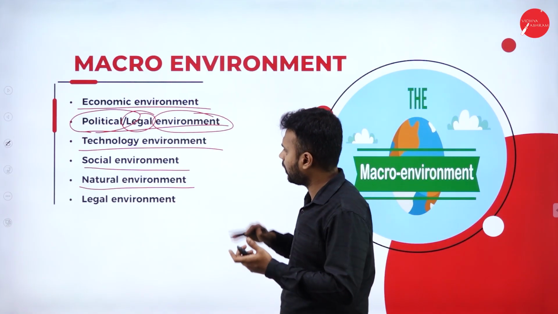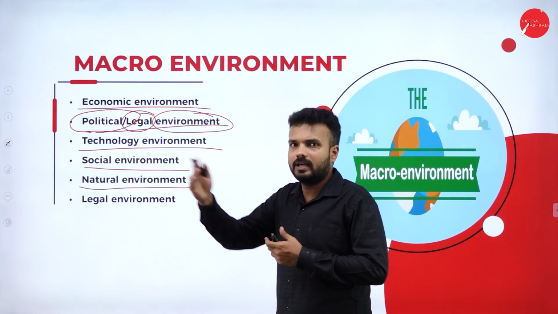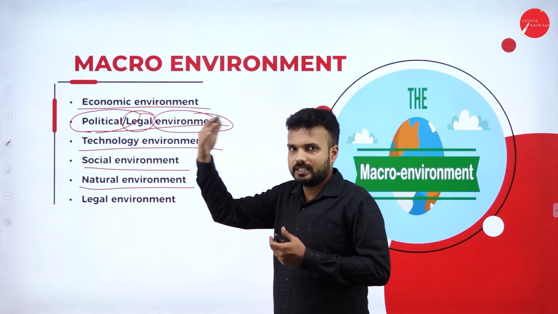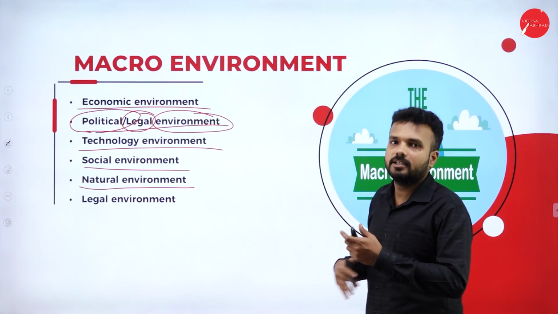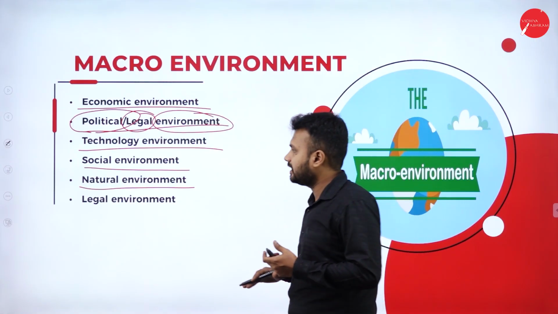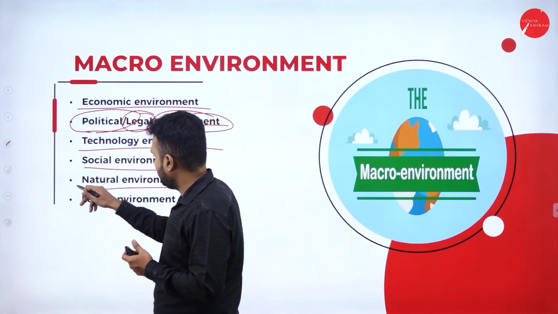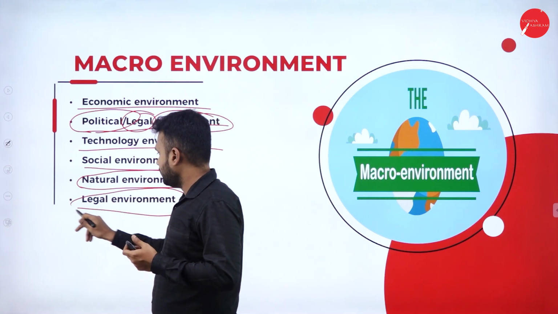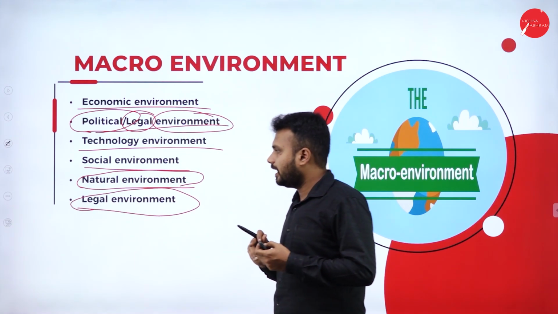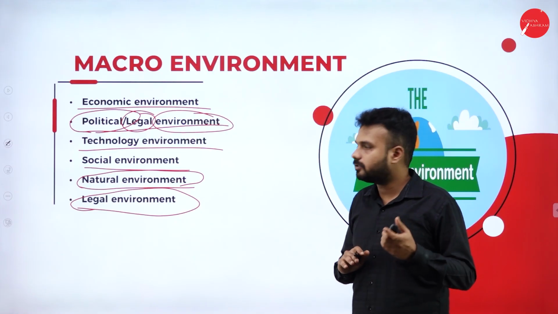When it comes to production, whatever we get toward manufacturing, we convert the raw materials into finished products. Whatever we need to consider there is about the natural environment. Done. And again, regarding the legal environment, the legal laws that we need to follow.